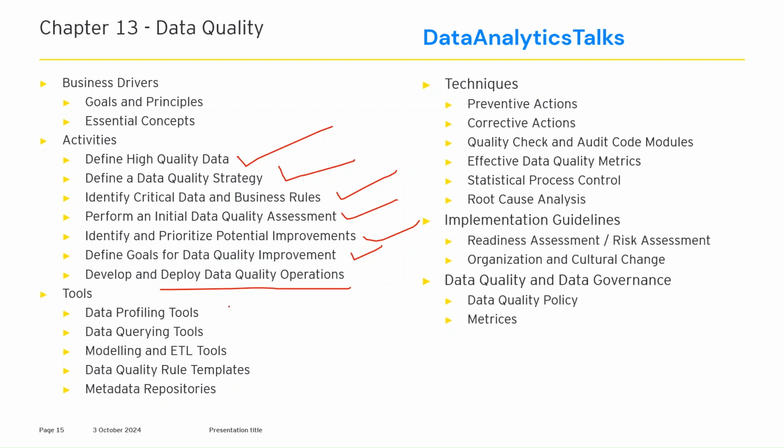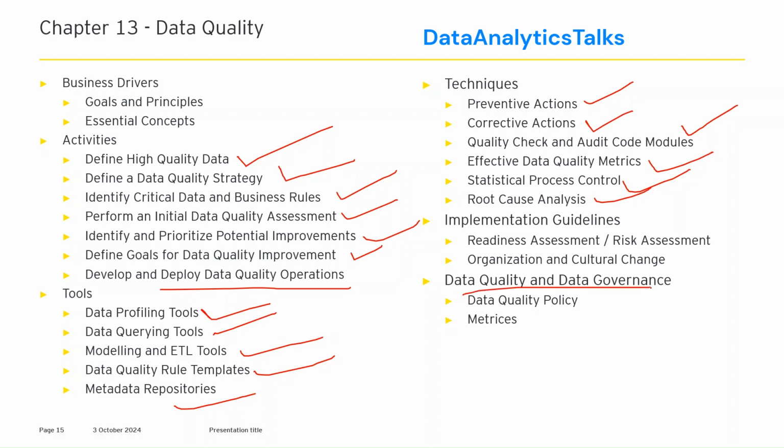When it talks about tools: data profiling tools, data querying tools, modeling and ETL tools, data quality rule templates, and metadata repositories. And various techniques like preventive actions, corrective actions, quality check and audit code modules, effective data quality matrices, statistical process control, root cause analysis, and coming to data quality and data governance, data quality policy and matrices.